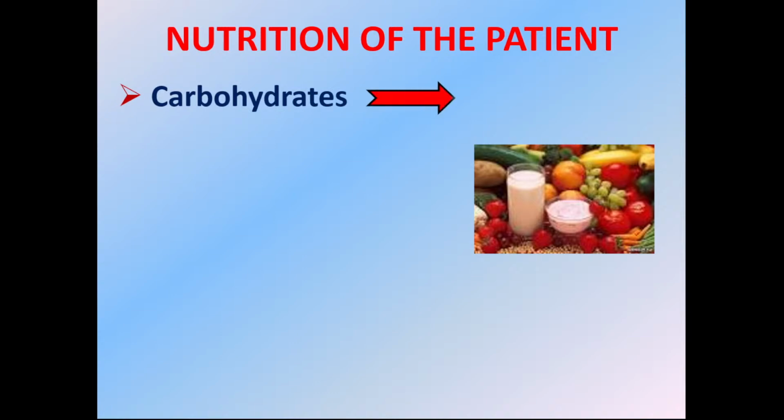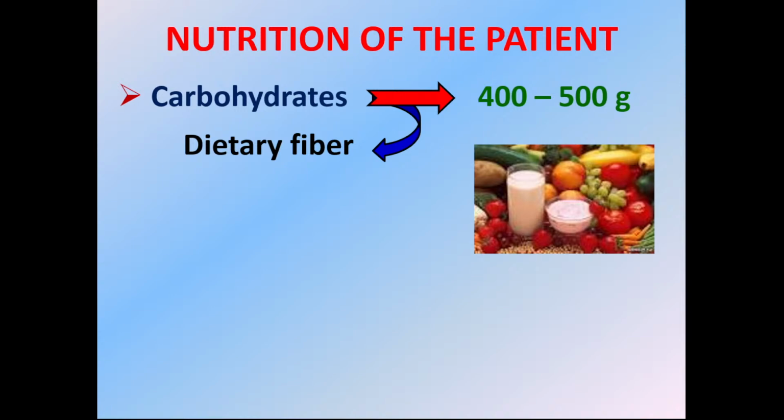Nutrition of the patient must be rich with different elements, and usually during one day we need nearest 400-500 grams of carbohydrates, because carbohydrates are the source of energy for our organism, and they must be rich with dietary fiber, which controls motor activity of the intestine.